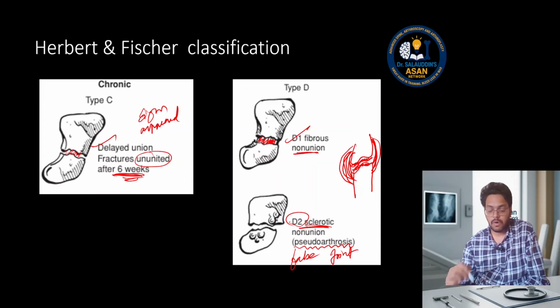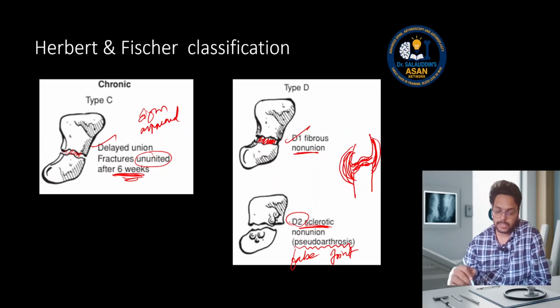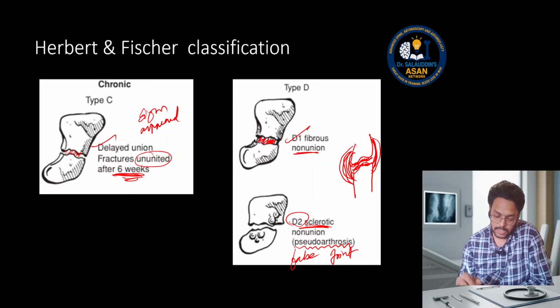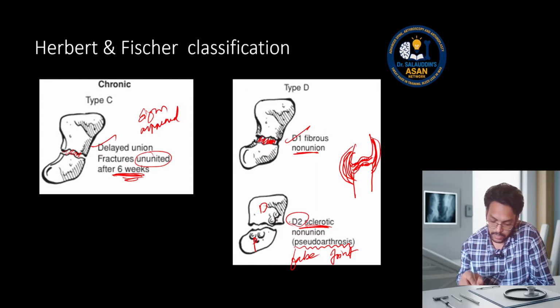Here it is a false joint. What are the two bones in a false joint? That is the proximal and the distal fragments, and in between there is fibrous tissue. Here in the true joint there is a cartilage, here is the fibrous tissue, and a false fibrous capsule is formed.